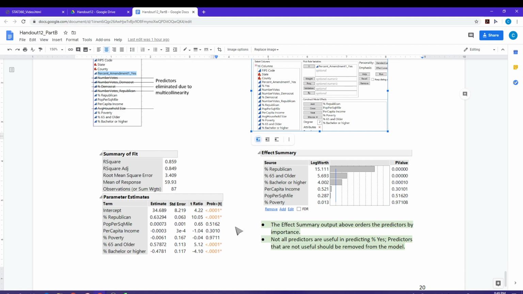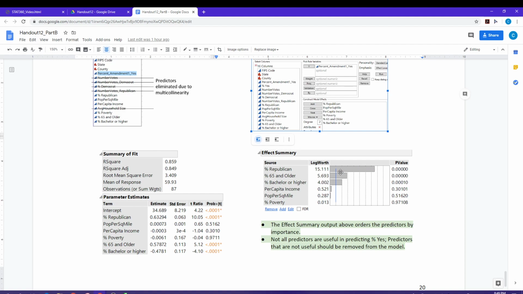One thing that JMP does when you start fitting these more complicated models is it provides here a graphic underneath the effect summary. So this is some additional information that you get when you do a multiple linear regression model. This log worth here, if that value is far from 0, that value is large, then that means that predictor is important.